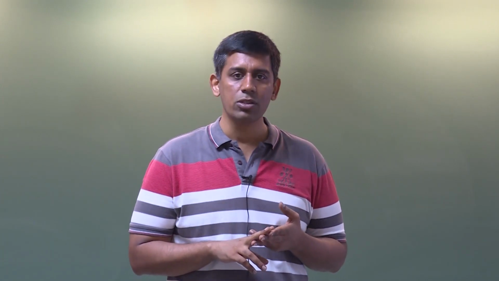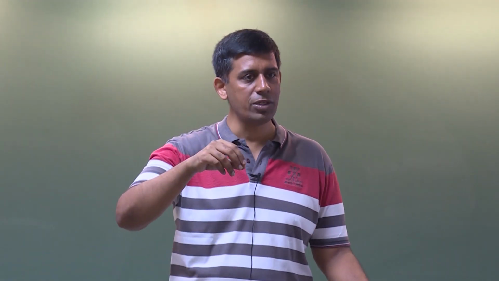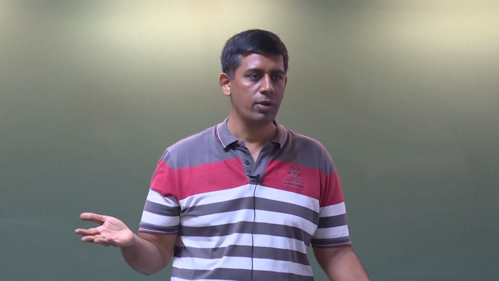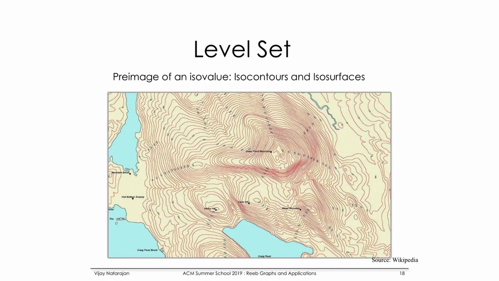These are all pre-images of a given scalar value. So you pick a height, an elevation, all points that are at that elevation is called a level set. That makes sense? So F inverse of C. So this is also a level set, F inverse of some scalar value, all points which have a given scalar value.